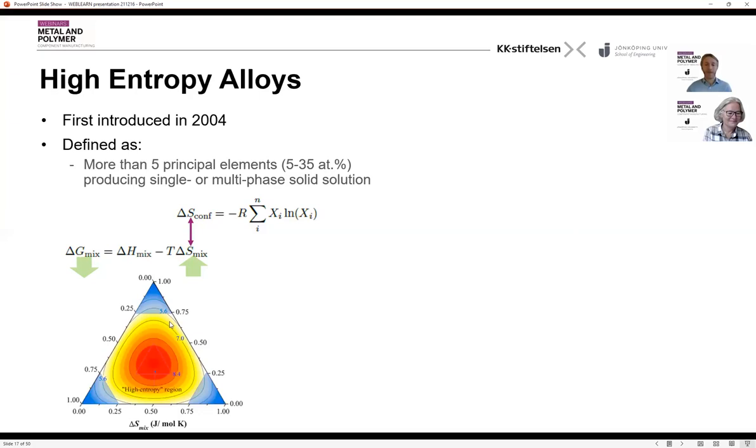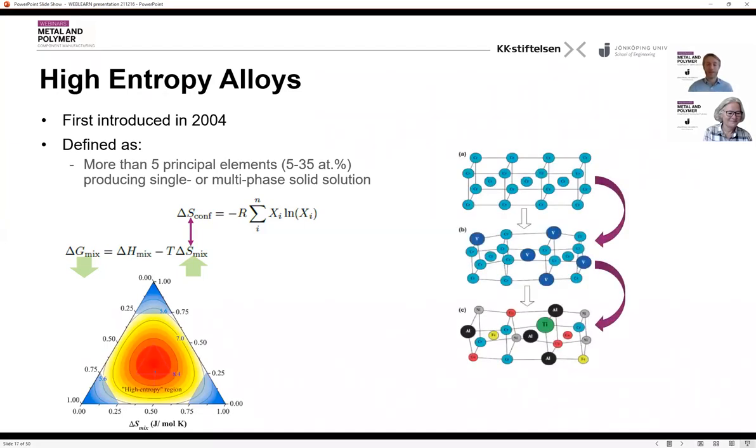The benefit of this sort of approach for alloy development is that instead of looking in the corners of binary, ternary, or higher order systems with one principal element, we've opened up the compositional region for exploration significantly. We've got a huge new area of composition that we can start looking at for new alloy systems.